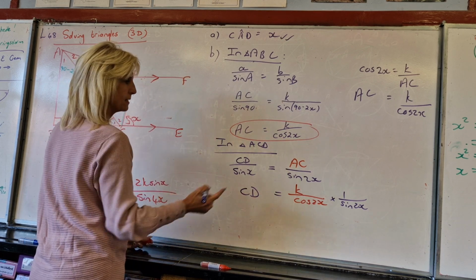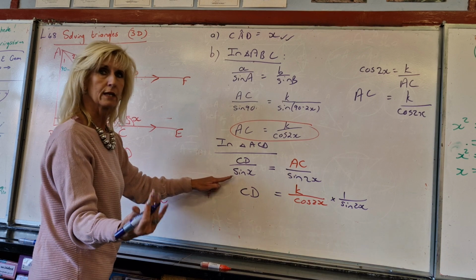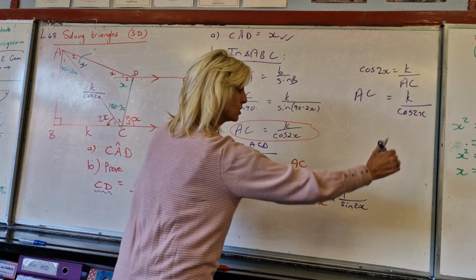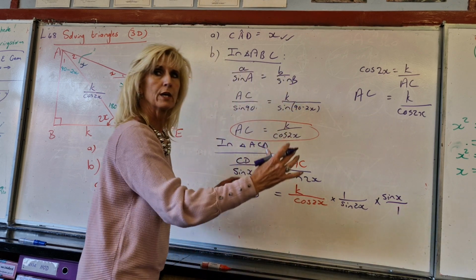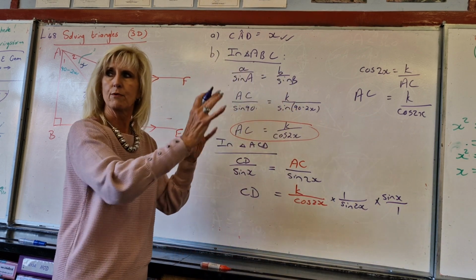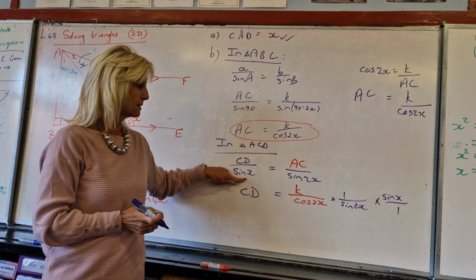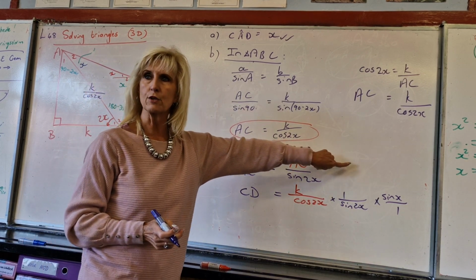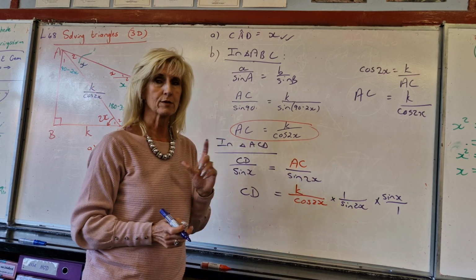Can I bring that sin across already? Why not? If you do, where's it going to go? At the top. So can I do this? Eventually we're going to put them all together, but I can separate them and put them together as I like. So this sin x is going to be timesed over there. Please don't divide sin x and sin 2x, because of the angles.